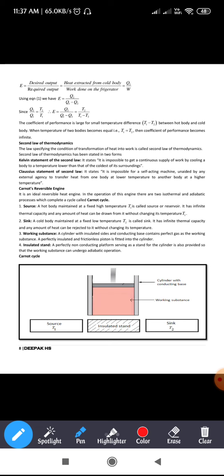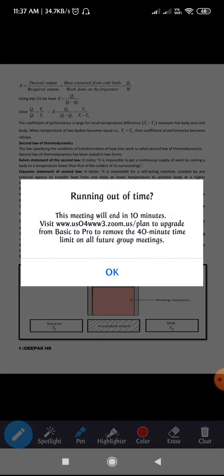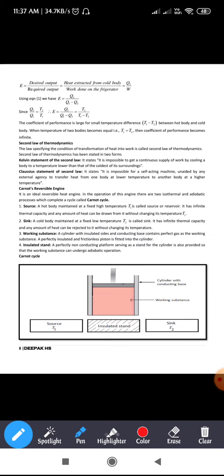But here it is said that some external work has to be done in order to make heat flow from a lower body temperature to a higher body temperature. That is the meaning of it. Without some external work, you cannot make heat flow from a lower body to a higher body temperature.